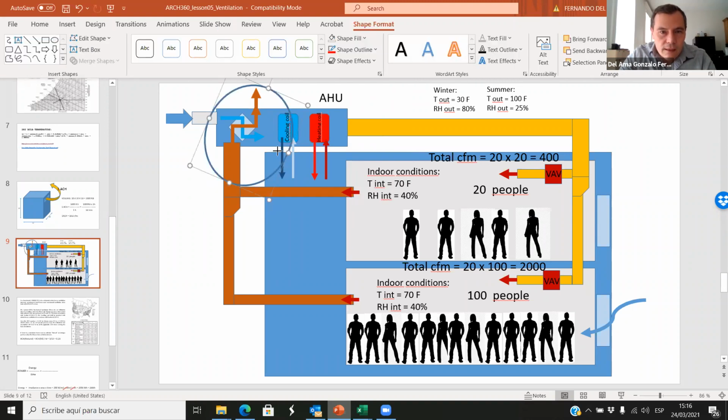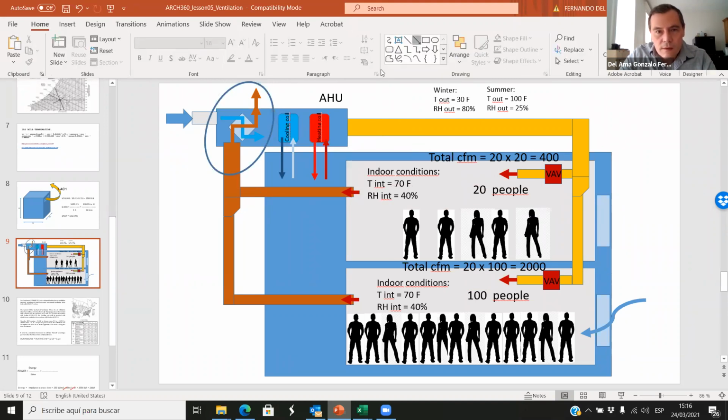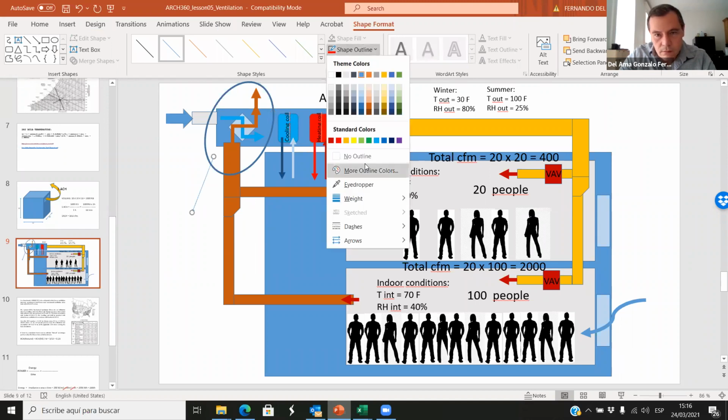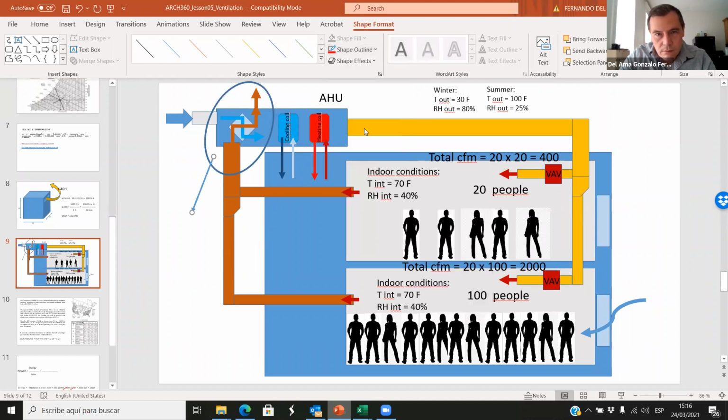Okay, so this device here is the heat recovery.